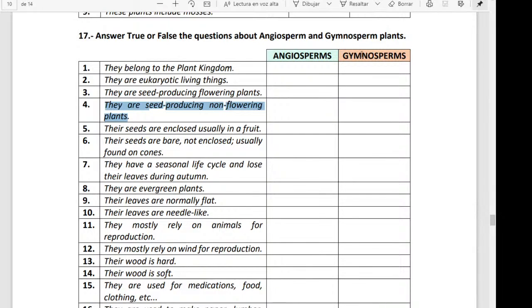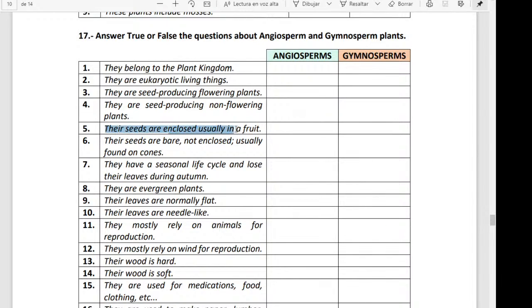Remember, gymnosperms means naked seeds, semillas desnudas, semillas sin fruto. So number 4 is seed producing but non-flowering, no flower, no fruit. So in this case, we're talking about gymnosperms, pine trees, for example.